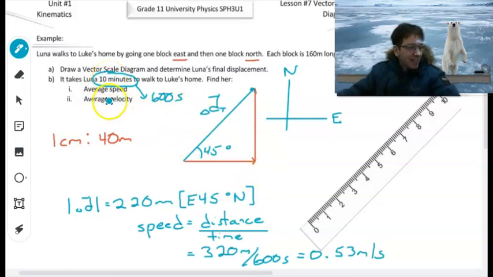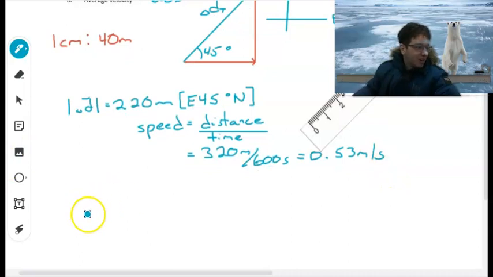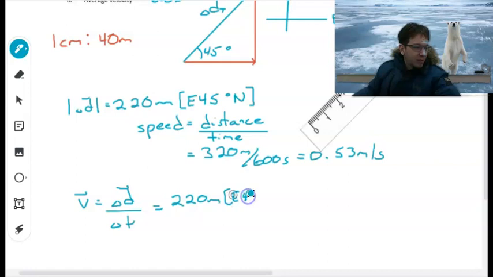Next it says average velocity. Average velocity is equal to displacement over time. We've calculated displacement with our vector scale diagram. It is 220 meters east, 45 degrees north, all over time.